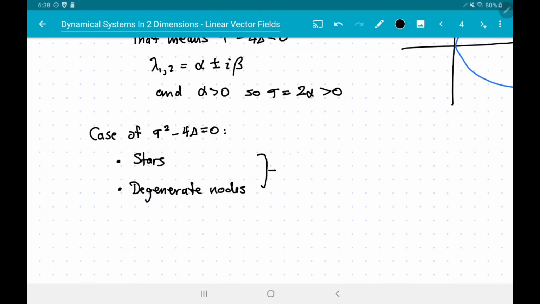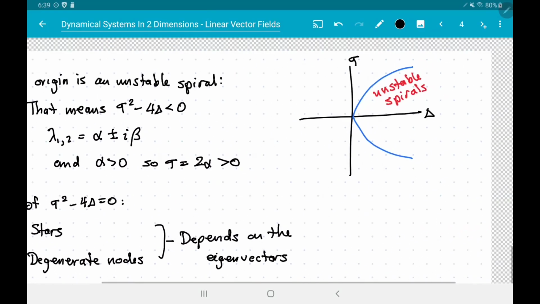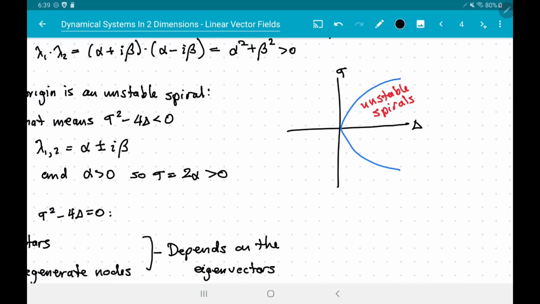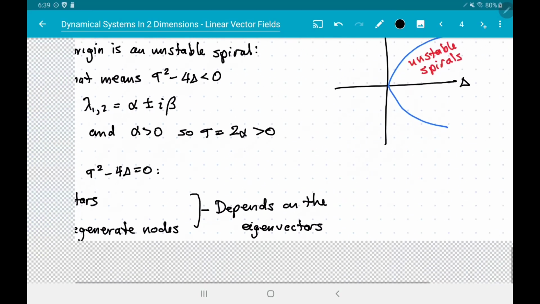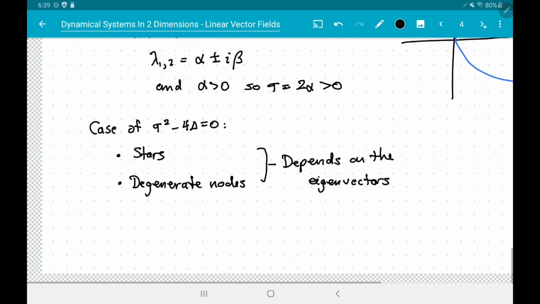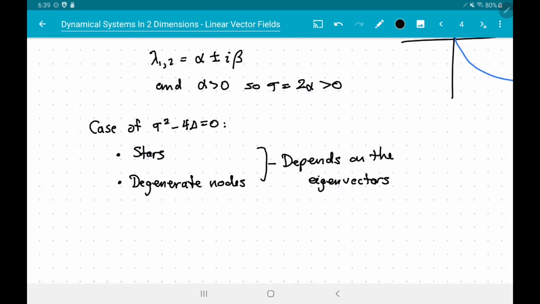And as to which you get, that depends on eigenvectors. So tau and delta don't pull any information from the eigenvectors, so it's not possible to determine just from the trace and determinant which of these is the case. So I will talk about those in another video.